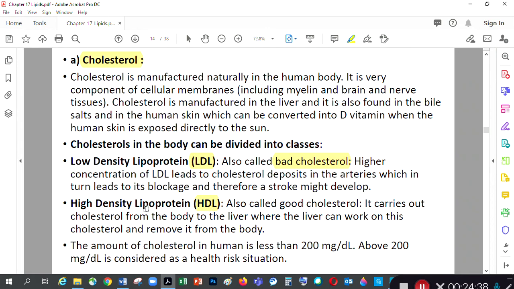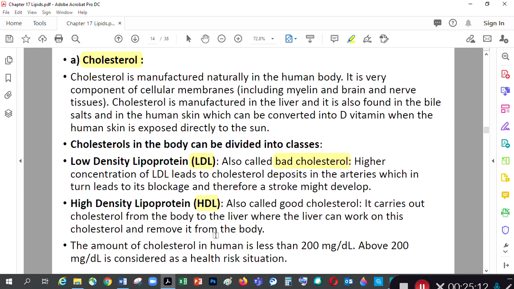So the high density lipoprotein is what is desired. Those are good cholesterol. They carry cholesterol from the body to the liver, where the liver can work on it and remove it from the body. Not the whole, but the majority of LDL is pushed away by the HDL, by high density lipoprotein.